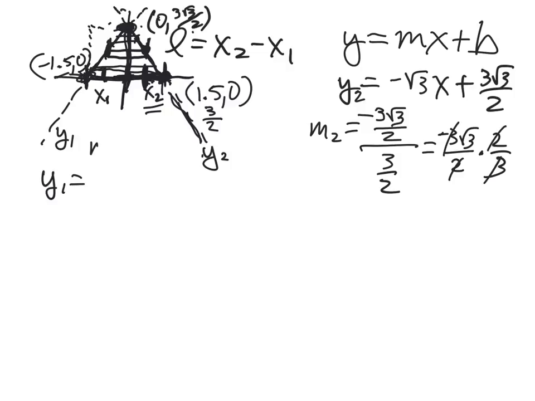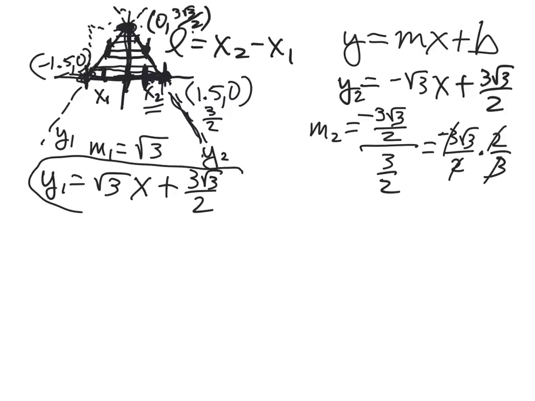So the slope of that first line will be positive square root of 3. We have symmetry as well, so it hopefully isn't too much to see. Slope, and once again, same y-intercept. Okay, so there's the equations of our two lines.